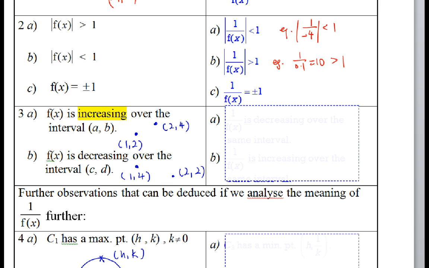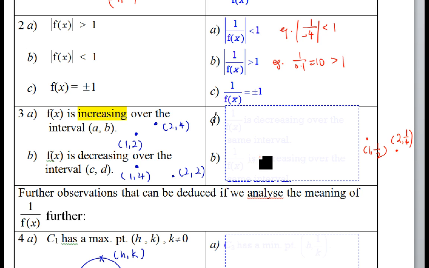Because this point now becomes 1/2. And this point now becomes (2, 1/4). Correct? Because you're going to take the reciprocal, right? (1, 1/2) and (2, 1/4). And it will be decreasing. Do you follow what I'm saying? So very interesting, huh?